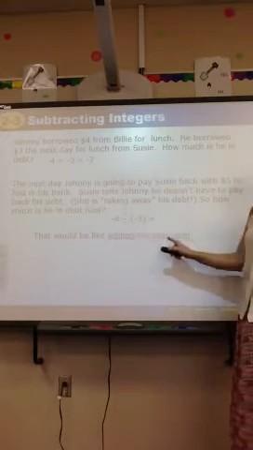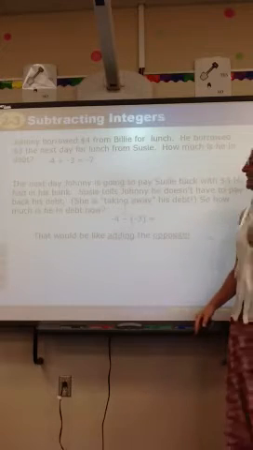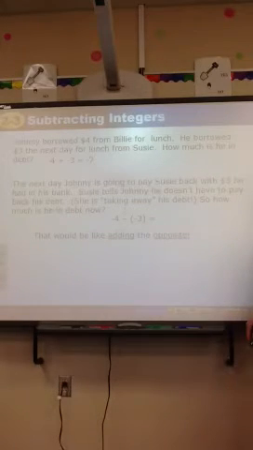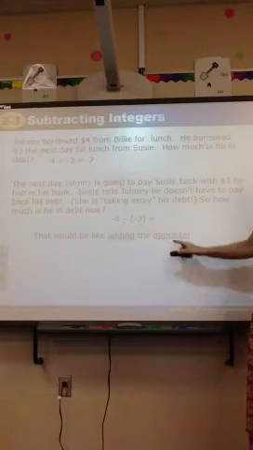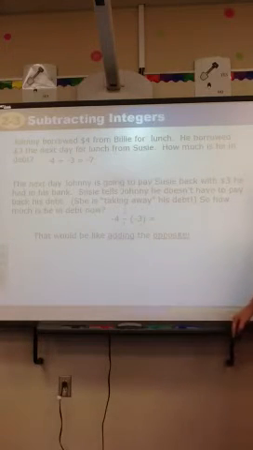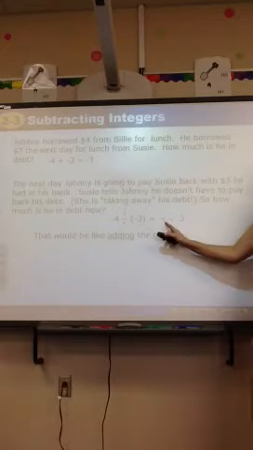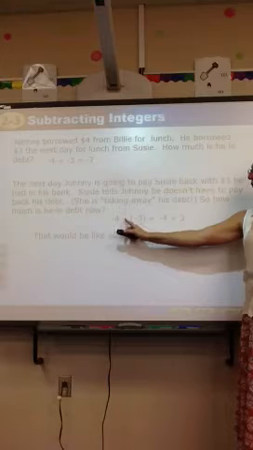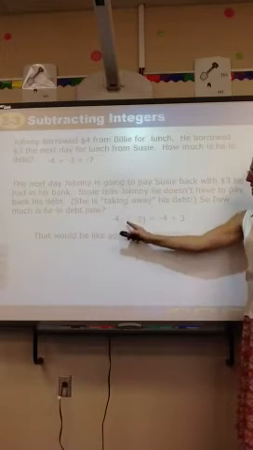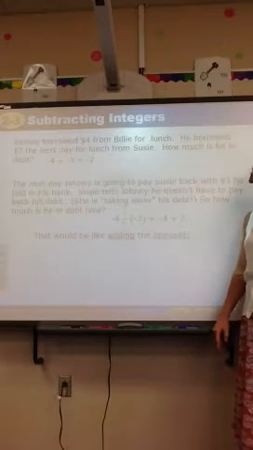So we're going to be adding the opposite of -3. It's like she's giving Johnny this money. So adding, we're going to make that addition. And the opposite, we're going to make the -3 a +3. So now, -4 plus 3 is the same thing as her taking away his debt. These two statements mean the same thing.